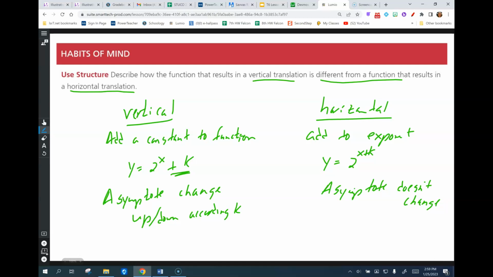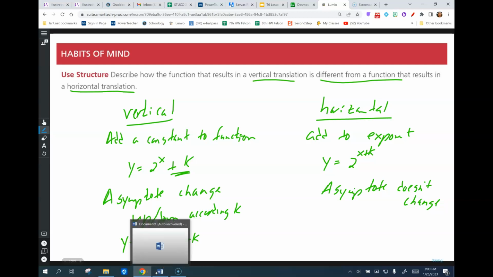And then my y-intercept. My y-intercept is going to change on both of these because it's going to go up. So my y-intercept here, you're just going to add k to 1. It's always 1 plus k because your y-intercept on your parent function is 1, no matter what your parent function is. Every parent function, y equals 3 to the x, y equals 5 to the x, your y-intercept is always going to be 1.